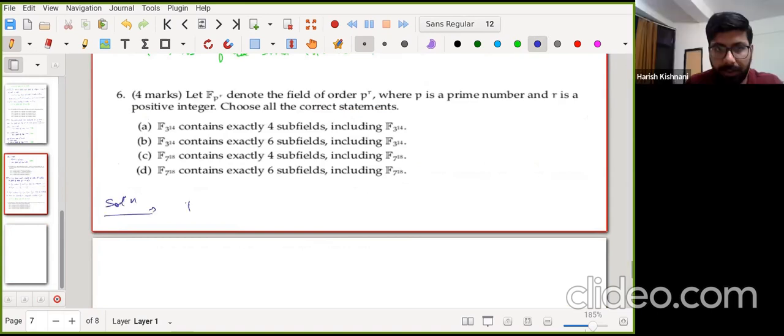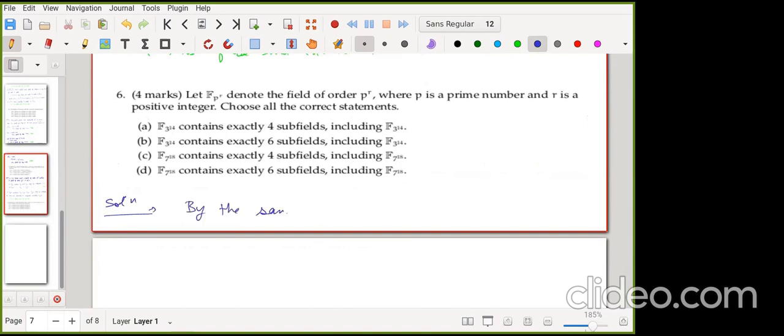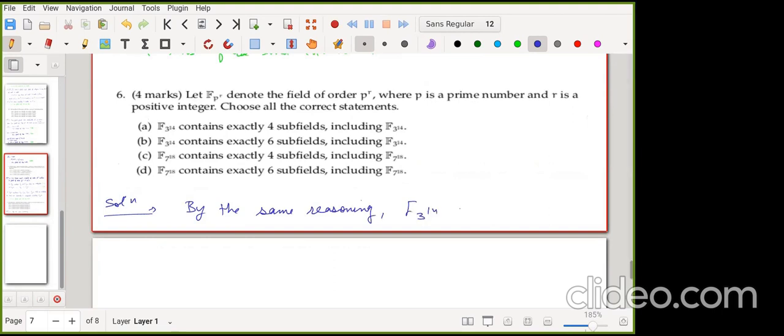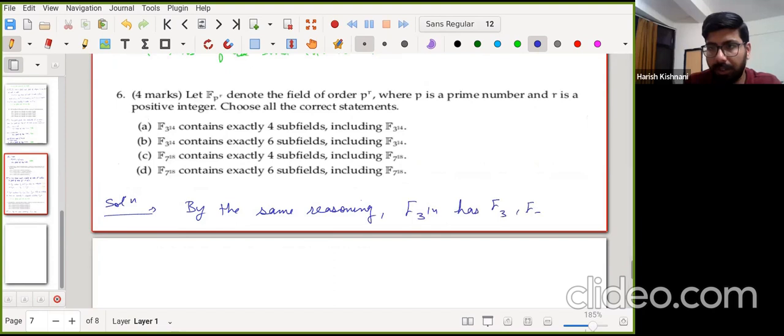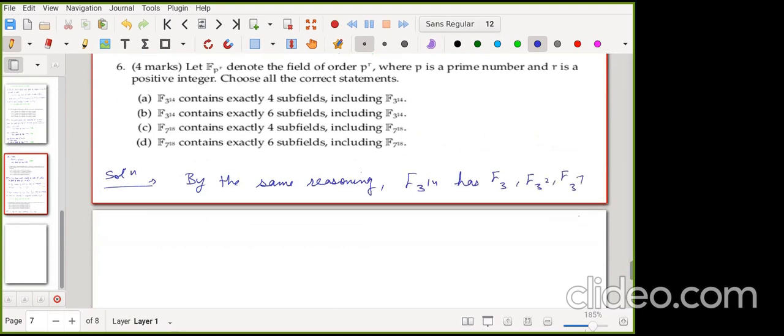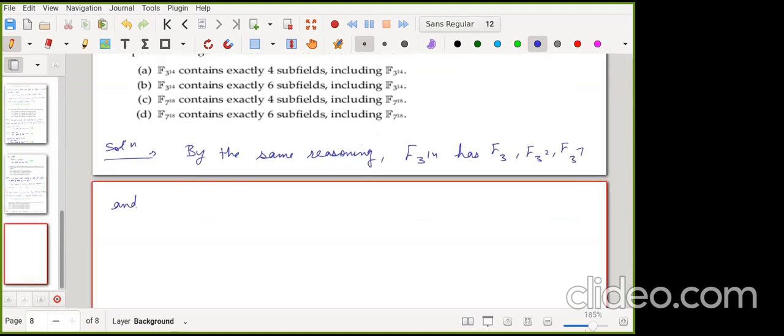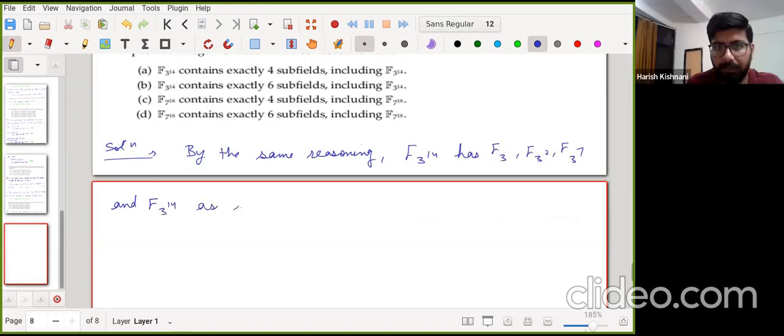By the same reasoning, F_{3^14} has F_3, F_{3^2}, F_{3^7}, and F_{3^14} as subfields.